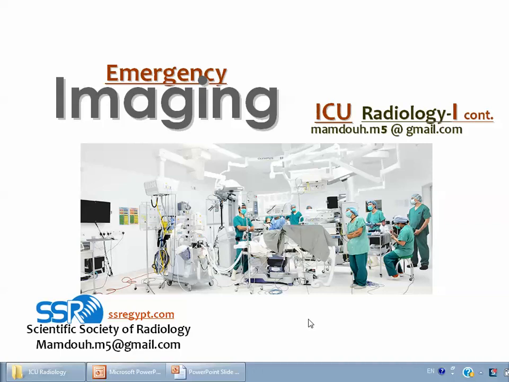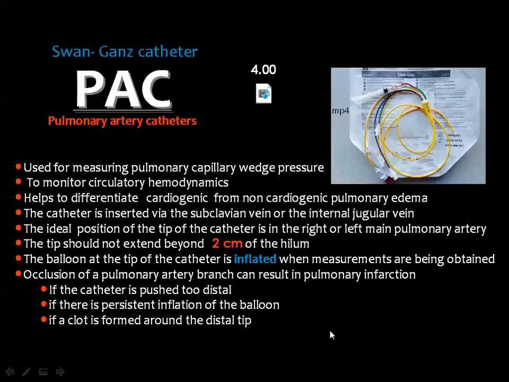You remember from the first part we have some obstacles by the end of the lecture, and we stopped at the talk about the pulmonary artery catheters or the Swan-Ganz catheter, and I showed you some videos showing the components of the catheter, and I mentioned the indications of the insertion and the accurate or the optimal position for the tip of the catheter, which should be in the range of 2 centimeter from the hilar shadow.